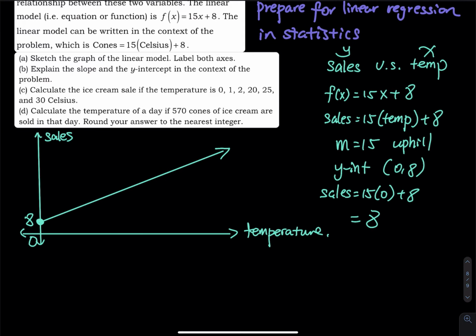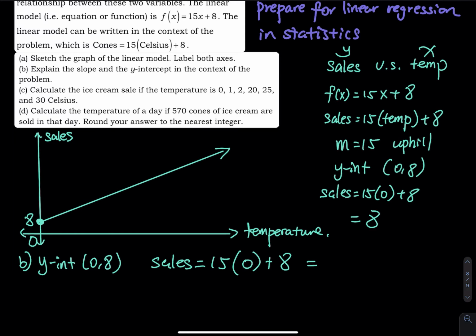So let's explain the y-intercept first. The y-intercept is (0, 8). So how do you explain the y-intercept? All you have to do is plug in a 0 for x. So that is sales equals 15 times temperature equals 0, plus 8. So the sales equals 8.